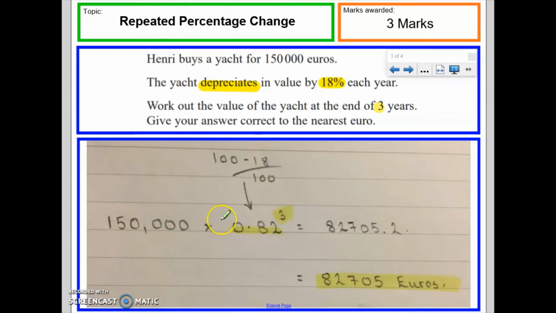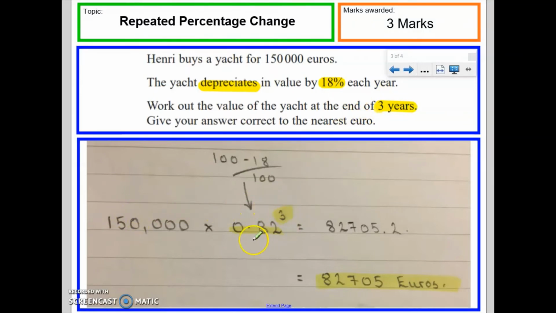And then I use the calculation, which can be used for repeated percentage change and compound interest. My original amount, which is 150,000 euros, multiplied by my decimal multiplier, 0.82, to the power of how many times it is repeated. And in this question, it's 3 years, so it's repeated 3 times.